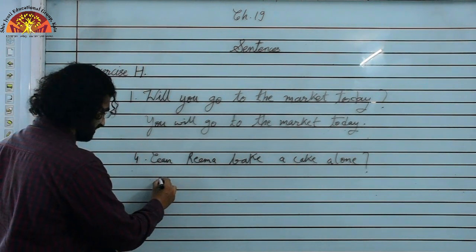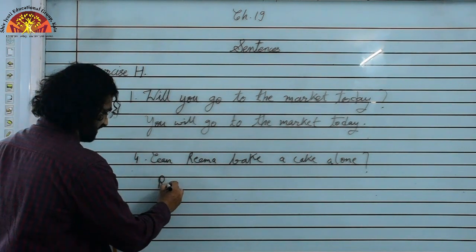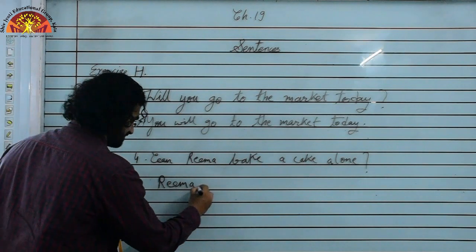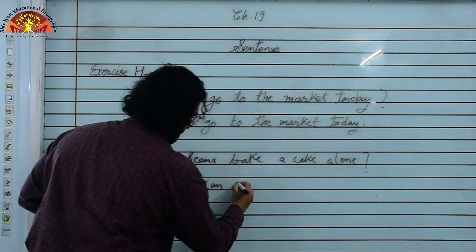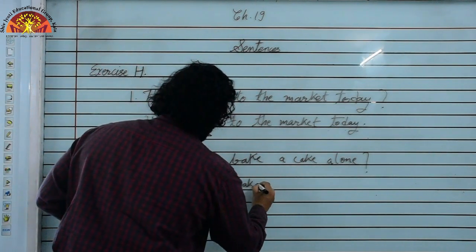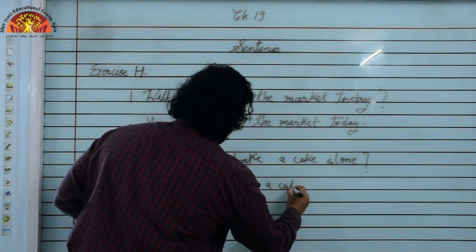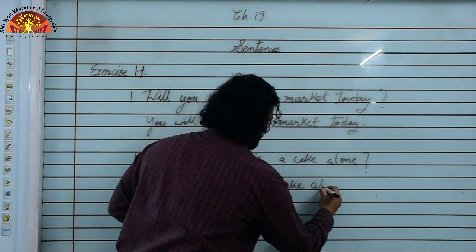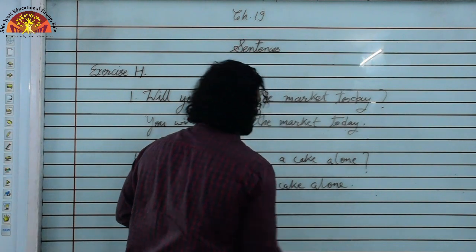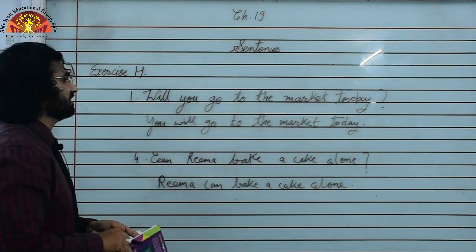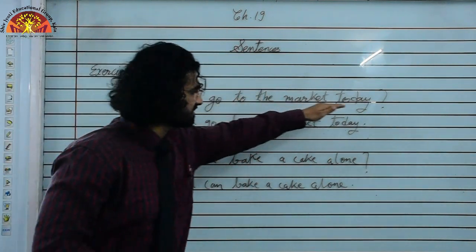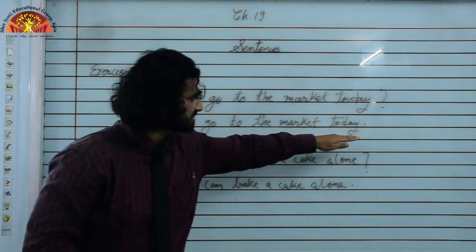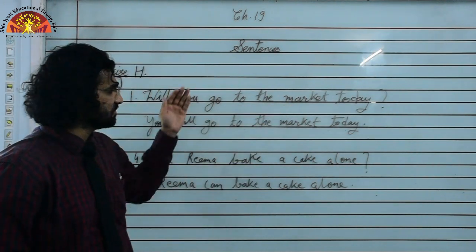Yes, she can do it. Rima can bake a cake alone. Full stop. So that's how we have successfully changed these questions into statements, these interrogative sentences into affirmative ones.